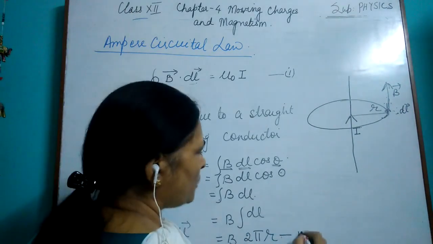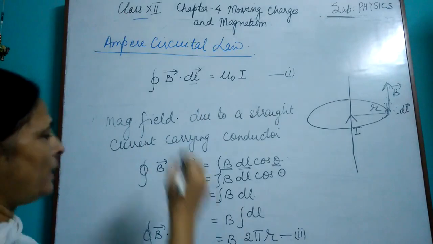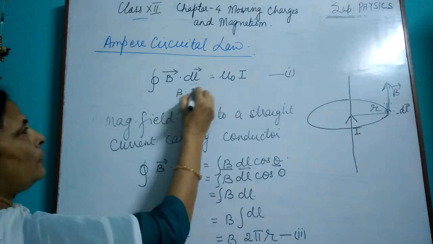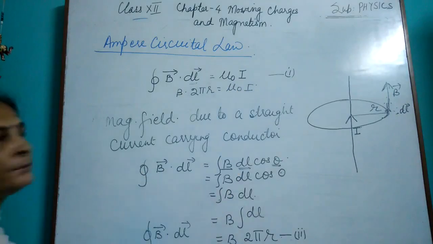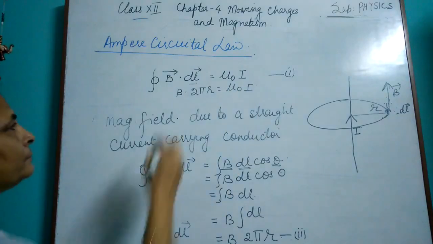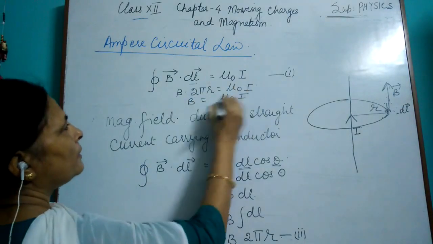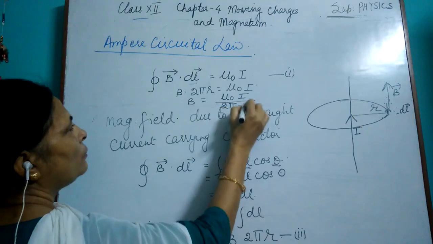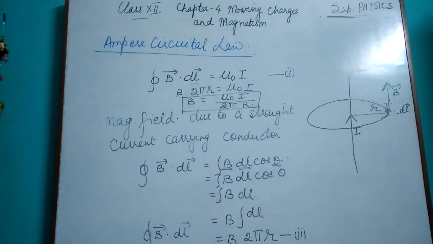And now from equation 1 and 2, what I'll obtain? B into 2 pi r is equals to mu naught I. So B will be equal to mu naught I upon 2 pi r. So this will be the magnetic field due to a straight current carrying conductor.